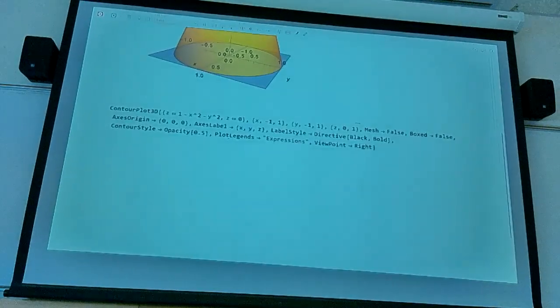My options are going to be the same, so just copy paste it. I'm only going to have to change two things: the surfaces we're graphing, and the viewing window.